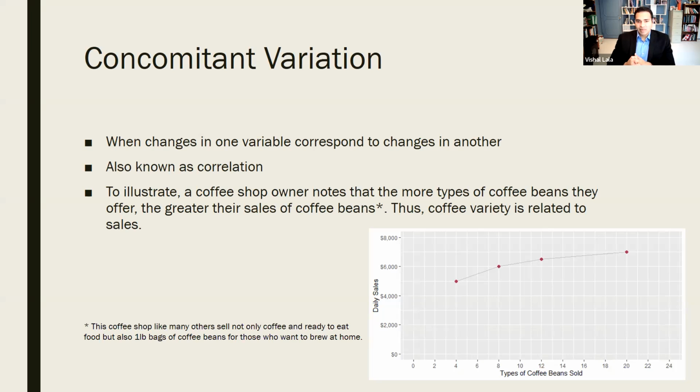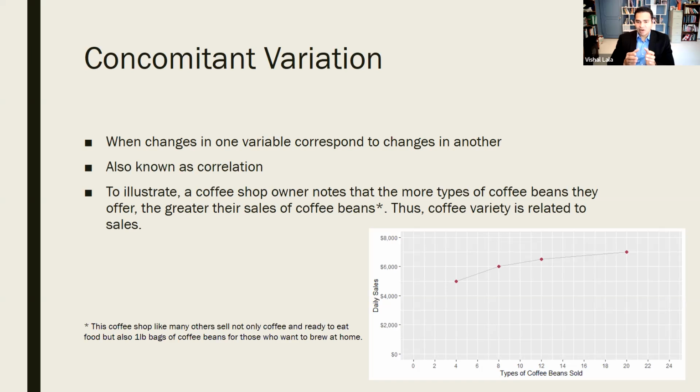When changes in one variable correspond to changes in another, we have correlation, also known as concomitant variation. In this fictitious example, a coffee shop owner does a little bit of a test. He decides to have only 4 types of coffee beans in his store, and he notices when he has 4 types of coffee beans, his sales are $5,000.